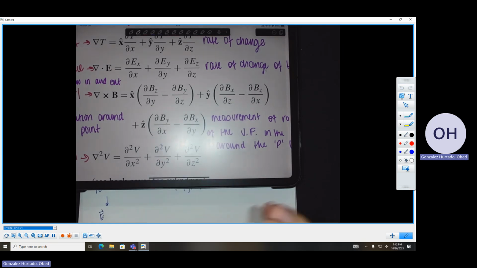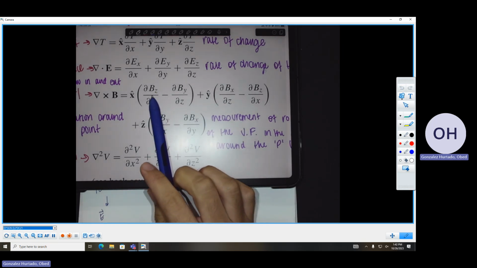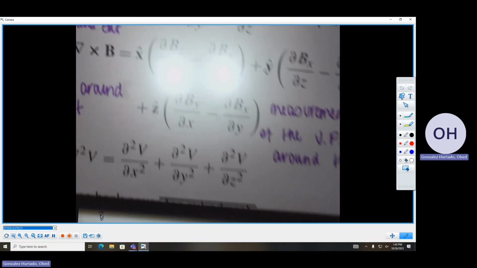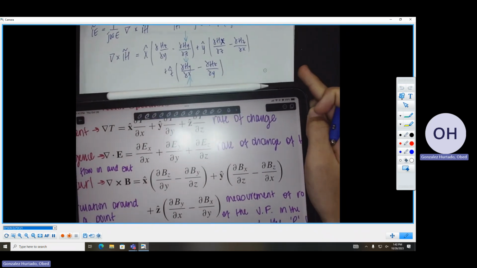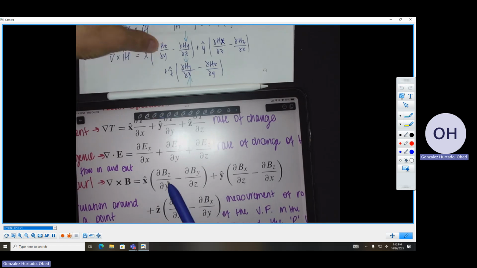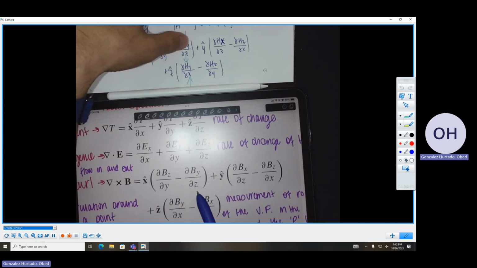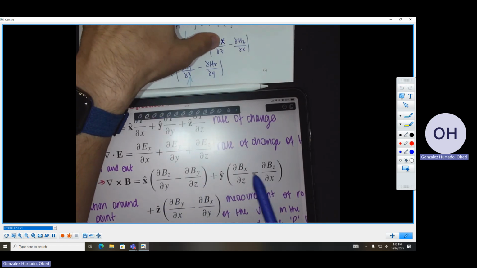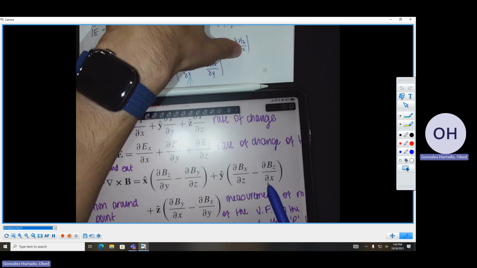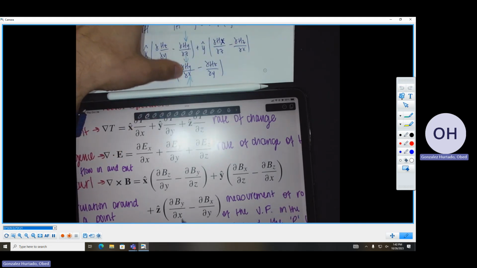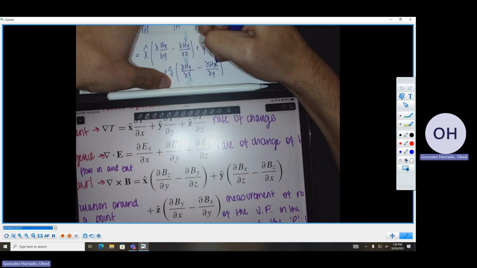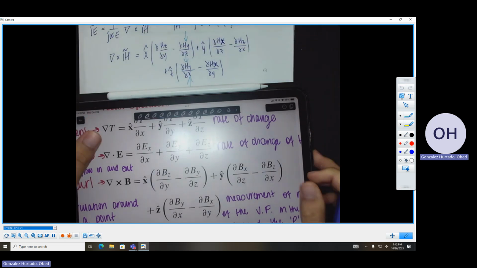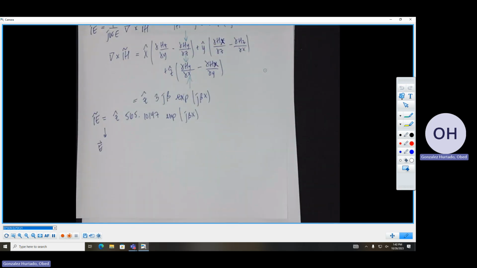Imagine this as an H. The B as an H. Where's this? Okay. Z, Y, H, I mean, Y, Z, X, Z, Z, X, Y, X. Dang it. I wrote it down wrong.